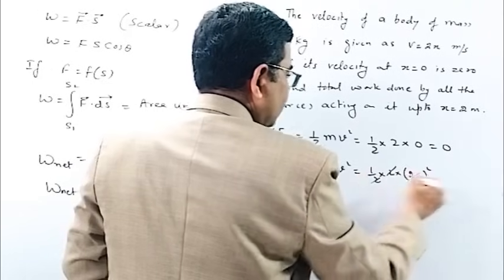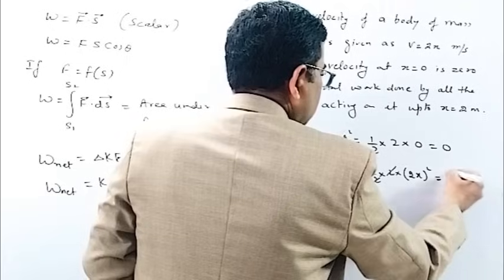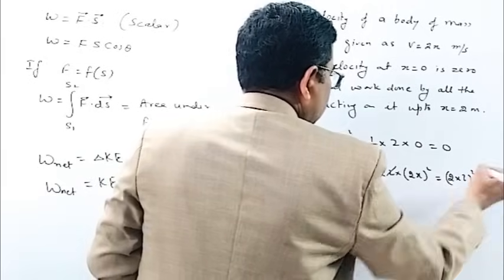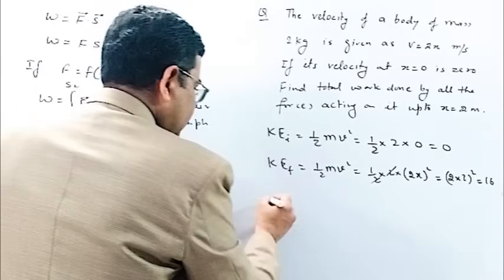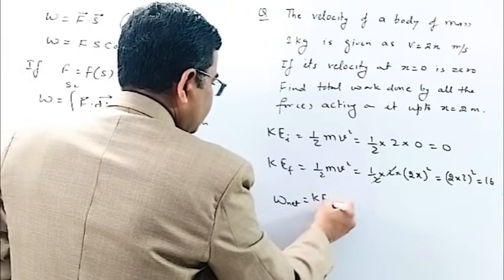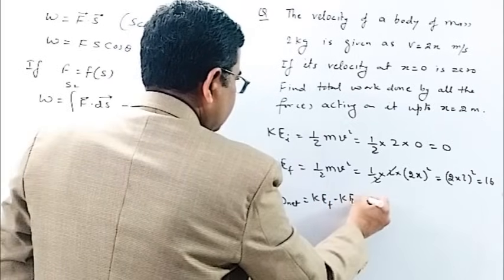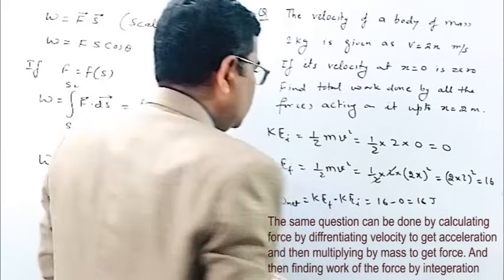This 2 and 2 is cancelled, so it is 2 into x, given as 2, squared, so it becomes 16. And now I can apply work energy theorem. So I get the net work done is equal to final kinetic energy minus initial kinetic energy, that is 16 minus 0, so it is 16 joule.